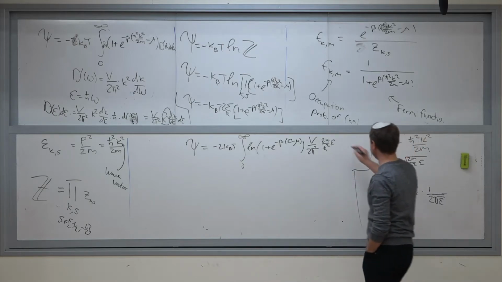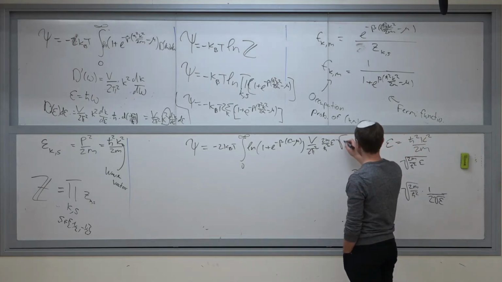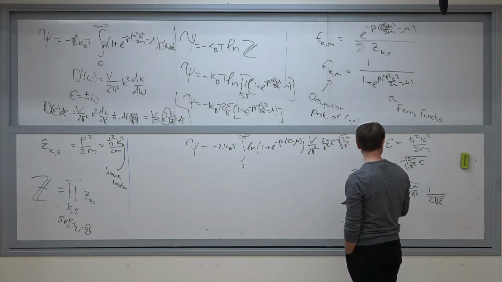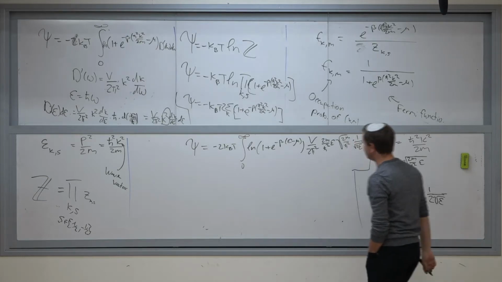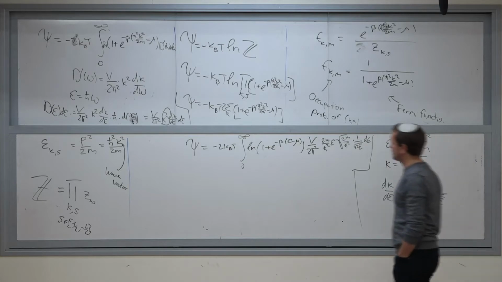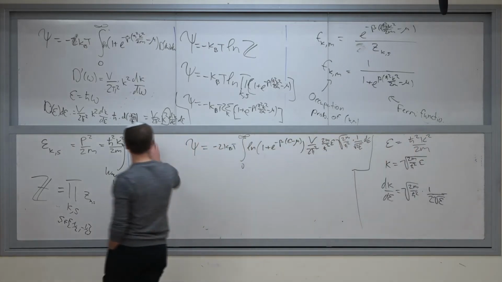What is dk d epsilon? It is the square root of 2m divided by h bar squared multiplied by 1 over square root of 2 epsilon d epsilon. This is our grand canonical potential.